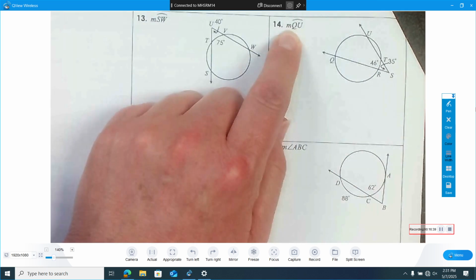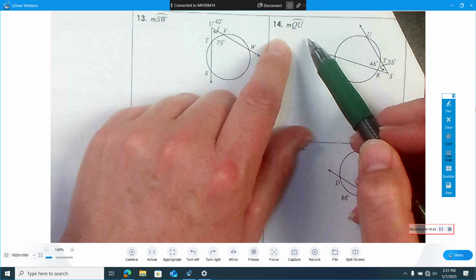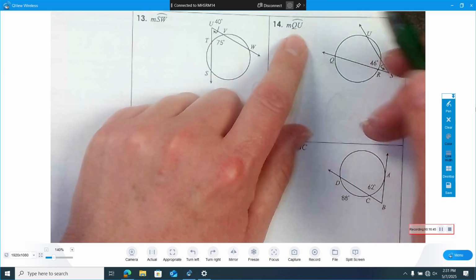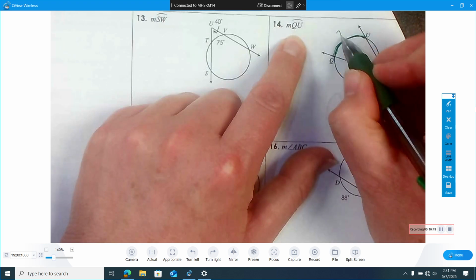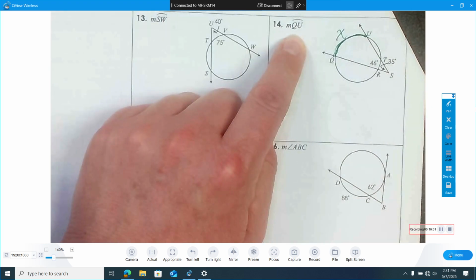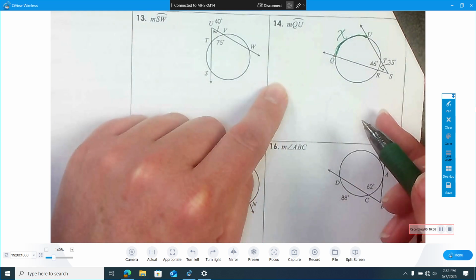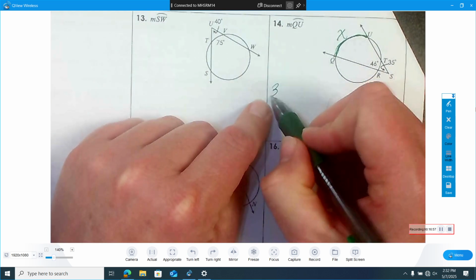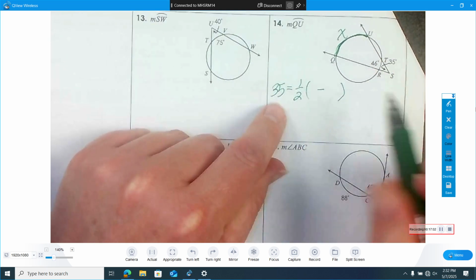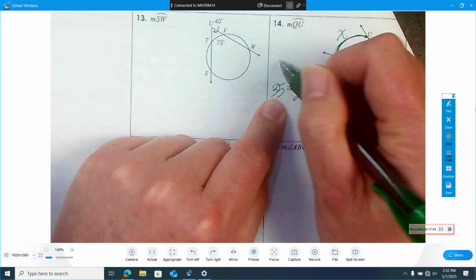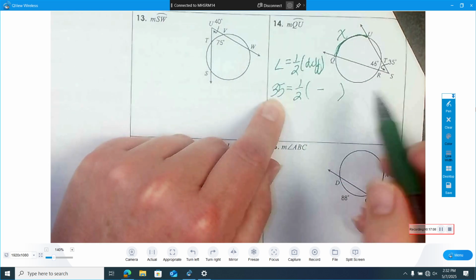So again, when you guys are finding the arc measures, you need to write something down. You got to write down your setup. We want to find the measure of arc QU right here, so I'm going to call it X. What's my setup for this? Good. Again, the formula is still the angle is half the difference of two arcs.